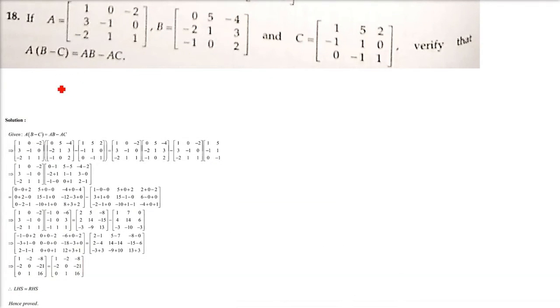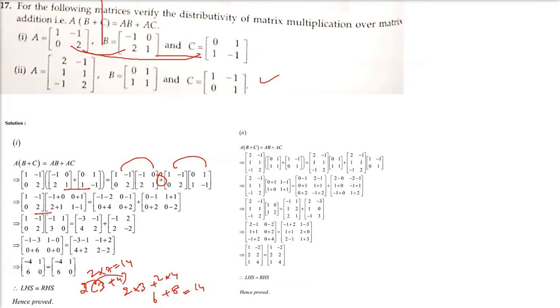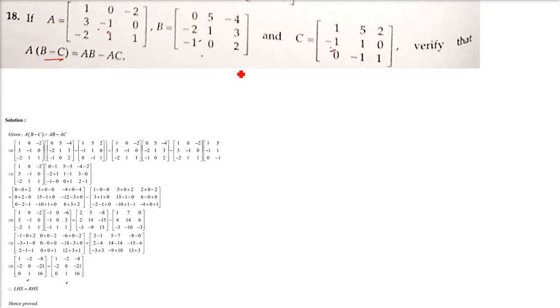Same here. That is, subtract C from B, multiply with A, or multiply AB and AC and then subtract them. Both answers will be similar. Matrix subtraction and addition you have to do. The multiplication we have already seen how to do.